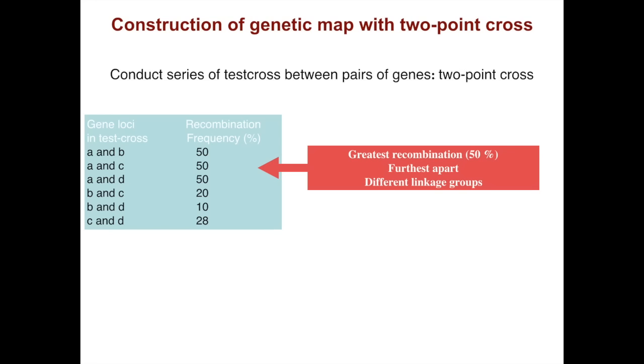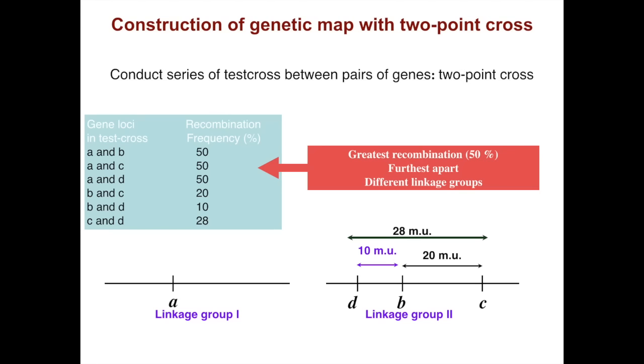And B and C, B and D, and C and D all have less than 50% recombination frequency, so they're likely to be linked. So you can put A onto linkage group 1, let's say, so it's separate from the others, which are on linkage group 2, and you can figure out their order because you know the distance between D and B, D and C, and B and C, all generated from the recombination frequency.